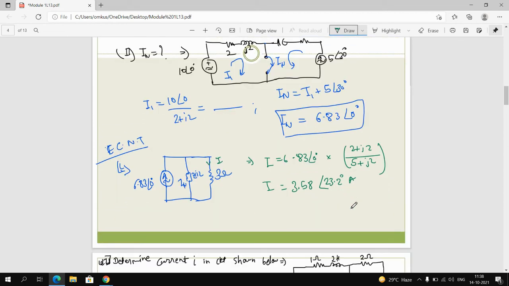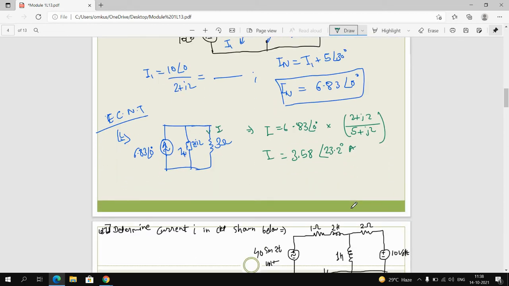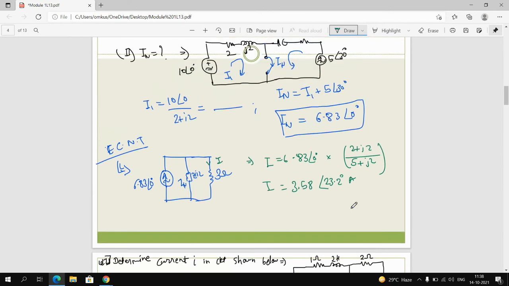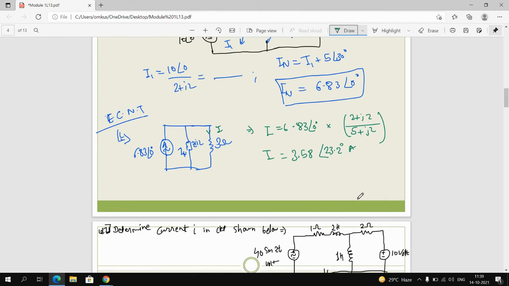Okay, and solve the value with the help of a calculator. Please note that your calculator should be in radian mode when you put the value in such a form, or when you put the value in degree form, it should be in degree mode, right?